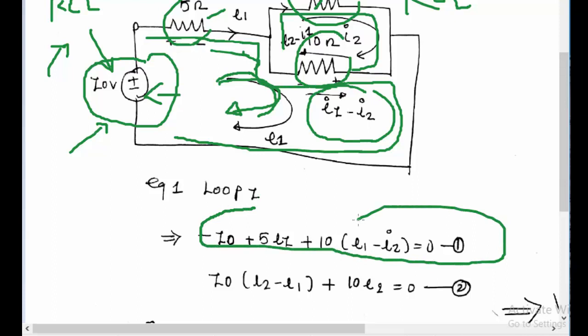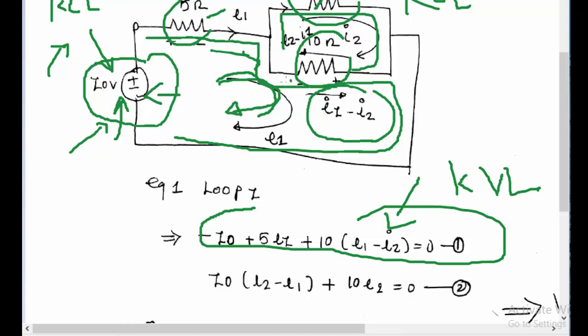To get that equation, we apply the KVL. While applying the KVL, the 10 volt is a voltage rise, and then there are the voltage drops across all the resistances in this path.